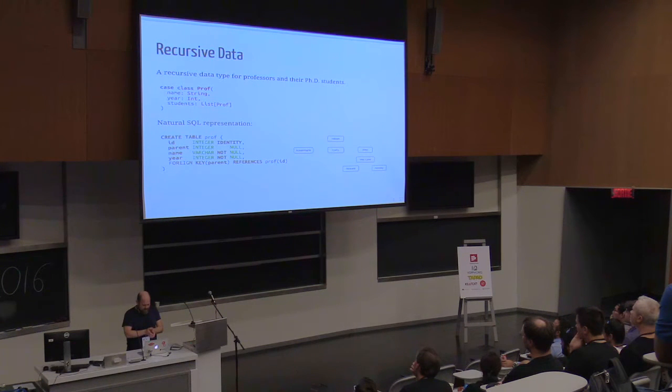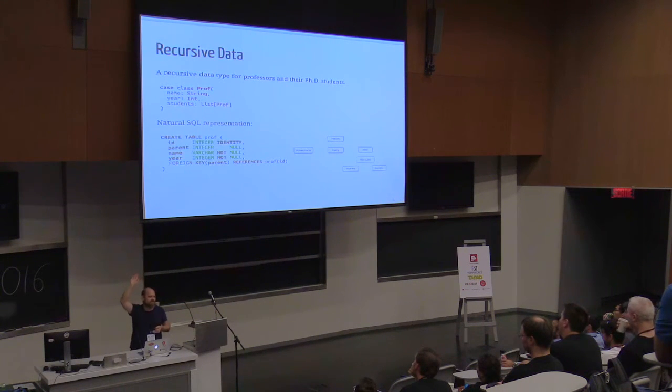You have a table, it's got a unique identifier for the professor, and it's got a possibly null link to the parent. If you're at the top, if you're a Poisson, you have nobody above you. Otherwise, you have some parent. And then the name and the year, and there's a foreign key, so the parent refers back to the table. So the difference is the relationship is inverted.